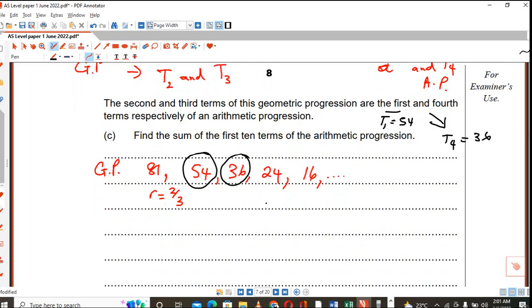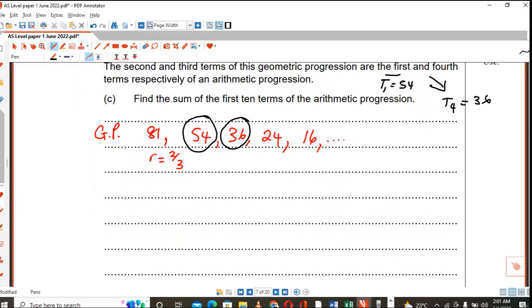So what do we know? We know that our A is 54. We also know that the fourth term is 36.